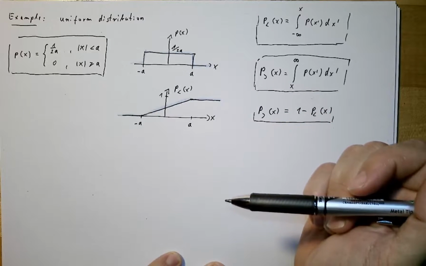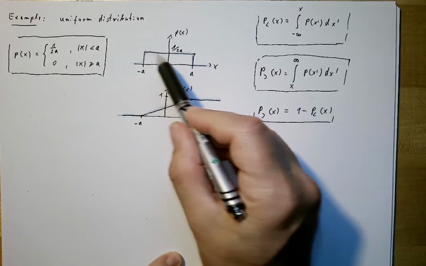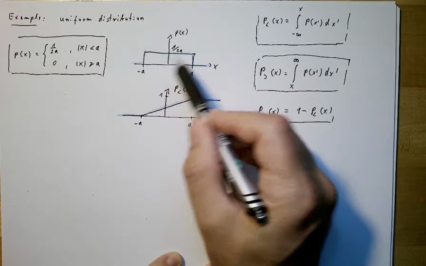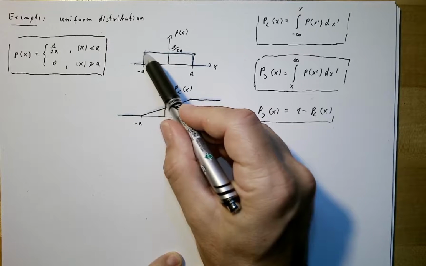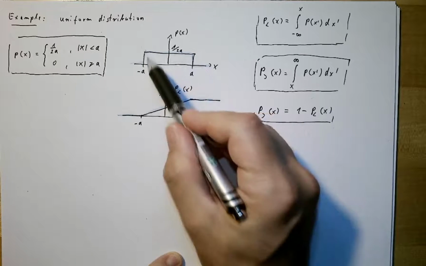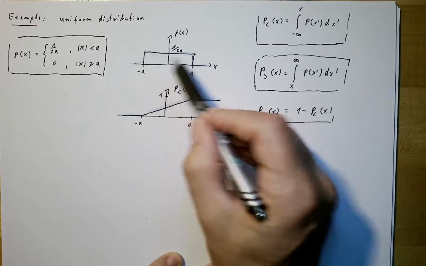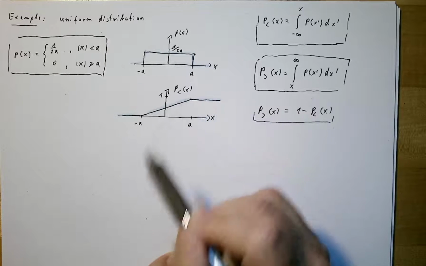And as I said, with the PDF we see more the characteristic aspect of this uniform distribution, namely that it's flat, so that all random numbers in this interval are equally likely, which we don't see so easily in the CDF.